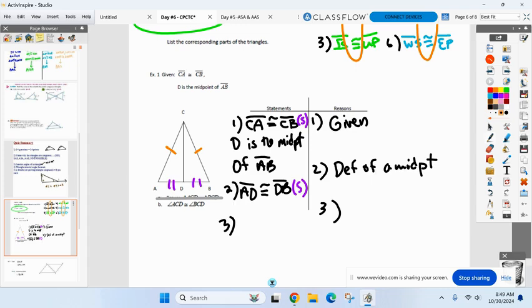Do you see the two triangles we're trying to prove congruent? Do they have a side in common? CD. All right. What do we call that? Reflexive. All righty. Got it right. We have to notice that going into tomorrow's quiz. CD congruent to CD, reflexive.